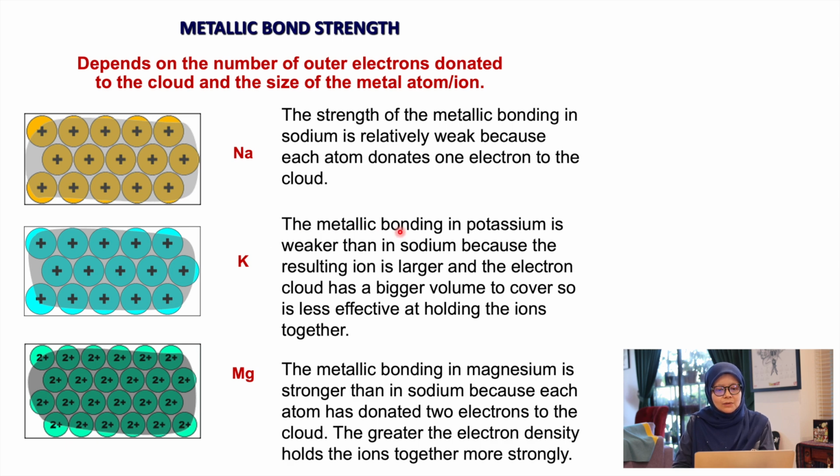This potassium is slightly weaker than magnesium because the resulting ion is larger, and the electron cloud has a bigger volume. For sodium, the bond is relatively weak because each atom only donates 1 electron to the cloud.